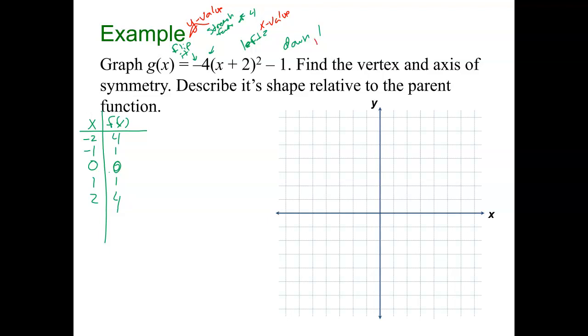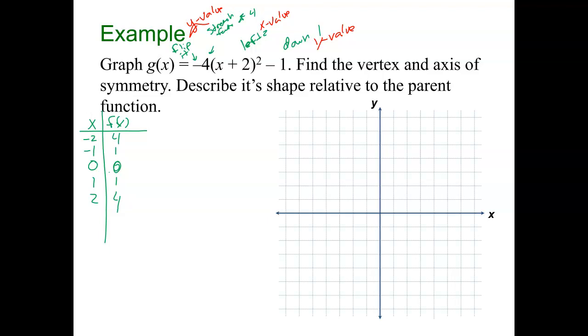So now we do our order of operations. Order of operations says that we do what first? Parentheses. So I'm going to do that shift left first. Left 2 is going to change my x values.